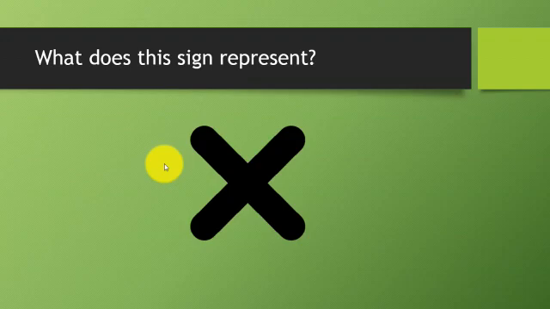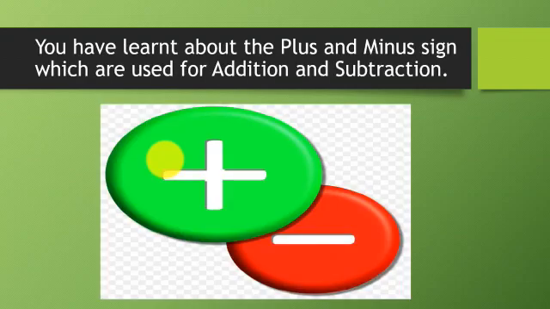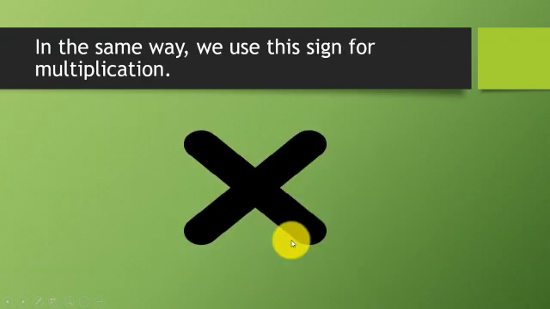What does this sign represent? You have learnt about the plus sign and the minus sign, which are used for addition, and minus sign is used for subtraction. In the same way, we use this sign for multiplication.